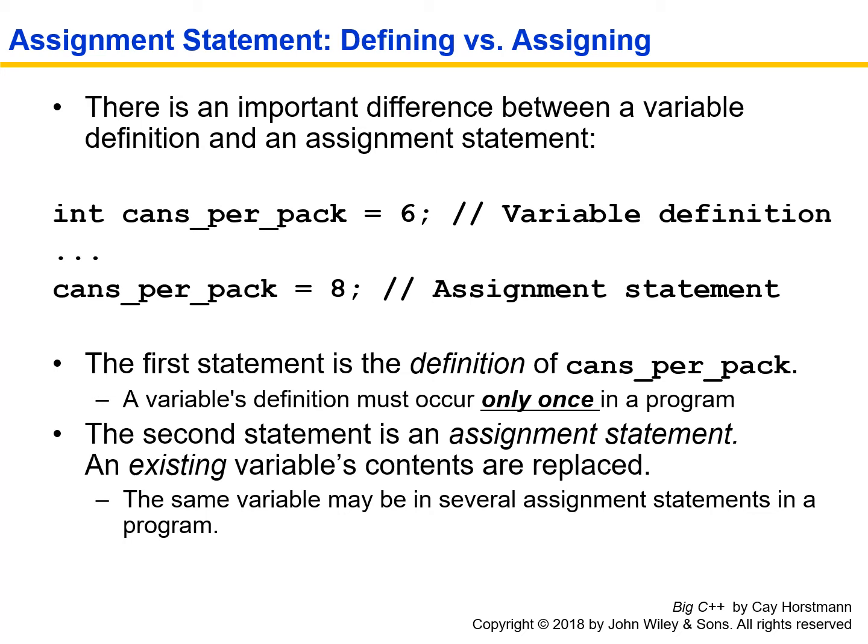It does not create a new variable, it just reassigns the variable cans per pack to now have 8. The first statement is the definition of cans per pack, and it creates the variable, and that can only happen once per program, or at least once per block. We'll talk about what code blocks are further on in the semester.